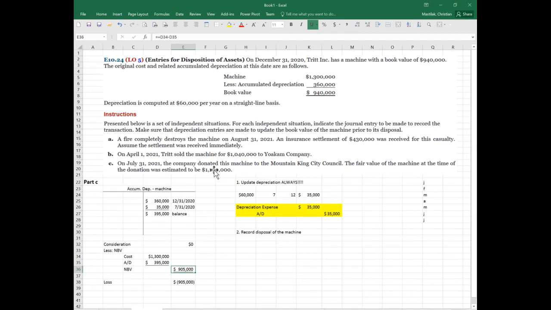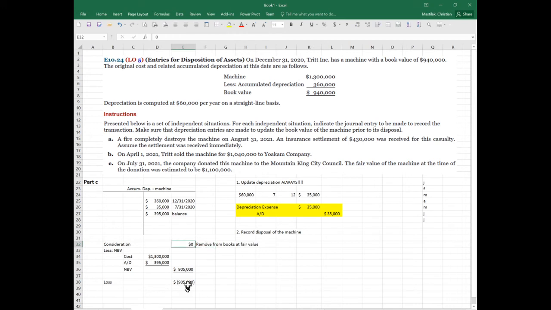You can also think of it as, we're kind of pretending like we're selling it for $1.1 million and then donating the cash. A principle here, if you think about how you value something, you value an asset based on the fair value of what was given up or what was received. In this case, we're going to take it off the books at fair value.